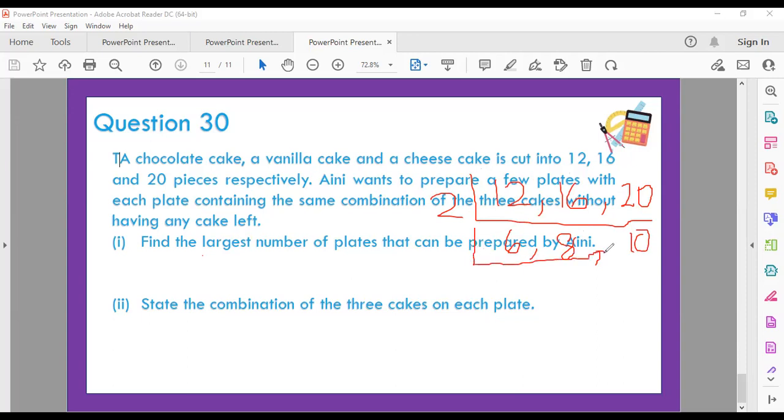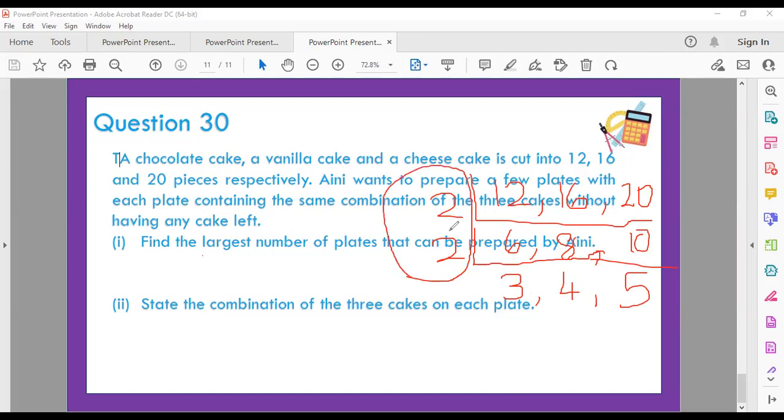Yes, I can take out another 2. I can divide all these numbers by 2. So this will be left with 3, 4, and 5. Now, I cannot divide by 2 because 3 cannot divide by 2 and 5 cannot divide by 2. Only 4 can be divided. So I will have to stop here for my highest common factor.